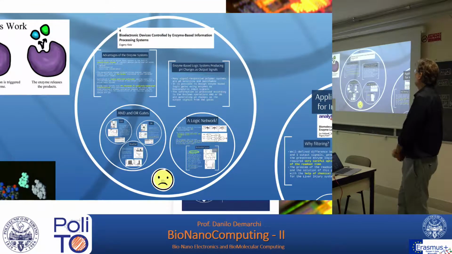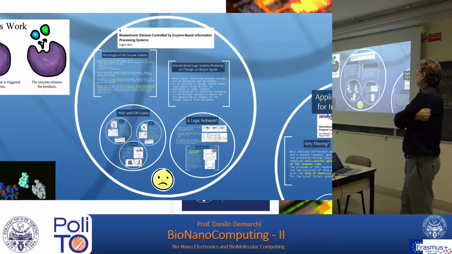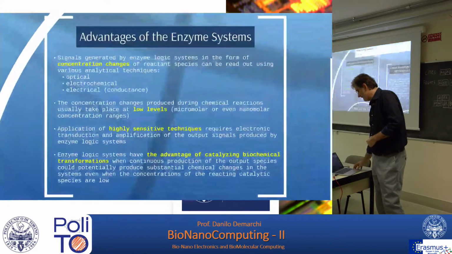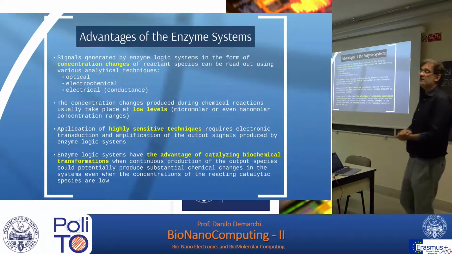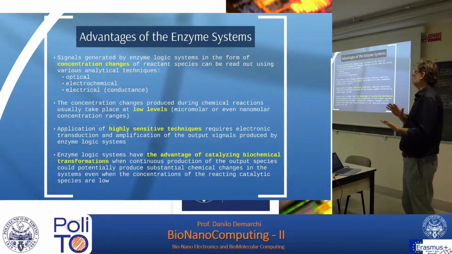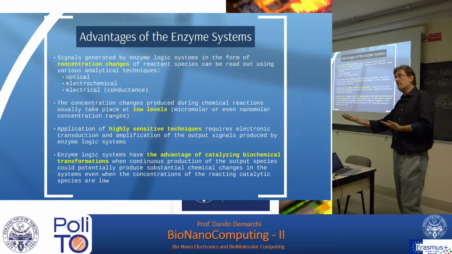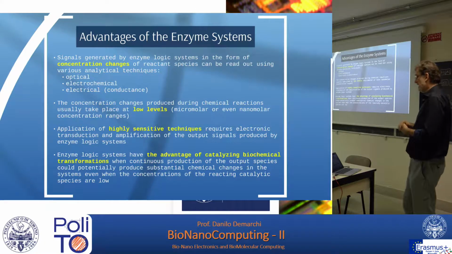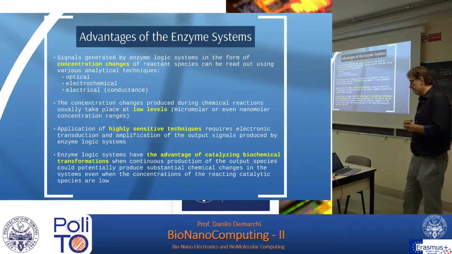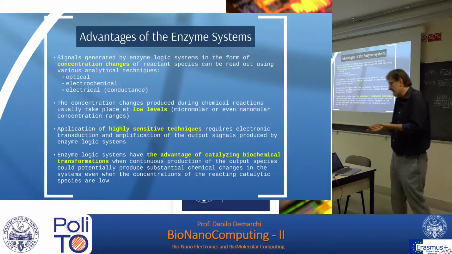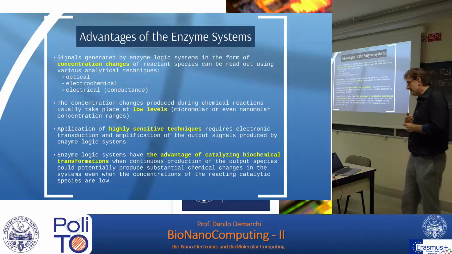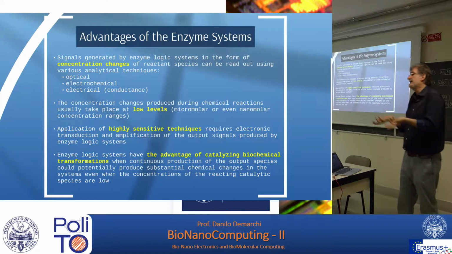Let's see how I can use a bioelectronic device controlled by enzymes. This is, again, written by Evgeny Katz. The advantage of using the enzyme system is that usually I measure the concentration of my enzymes as information. I can do it optically or electrochemically. The point is that this usually happens at low concentration levels, so I need highly sensitive techniques.